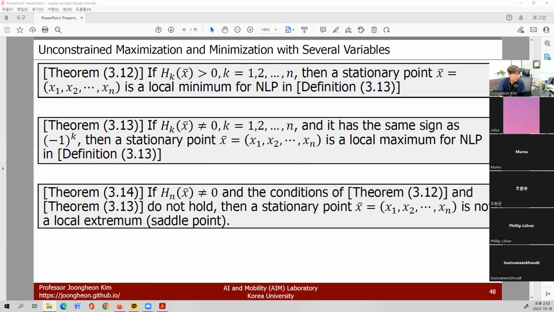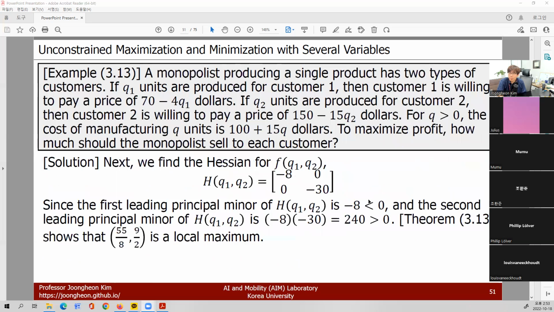So here, let's look at this problem. When you look at this one, the sign is negative and positive. It's interchanging. In the first principal minor, it was negative. In the second principal minor, it was positive. Now you can see that this is for the concave. That's why this is for the maximization.